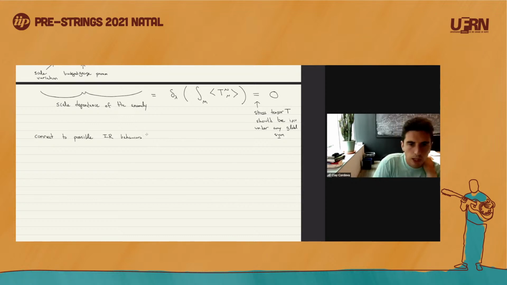As should be familiar to you, the partition function Z of A is typically non-local. And why is this? It's because it encodes separated point correlation functions.